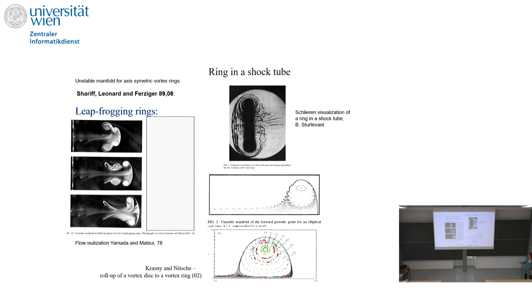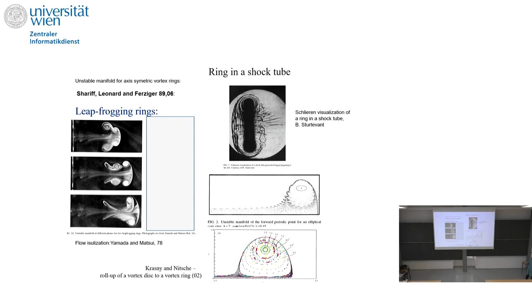And when people saw these things from '78, there were many interpretations of what one sees. In particular, here, it was thought that the cores of these two vortices are merging, and that they are certainly deforming. So this was the interpretation of the flow visualization of these leapfrogging vortex rings.